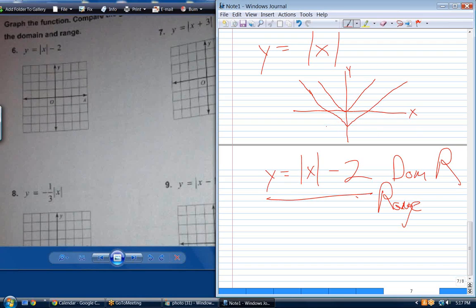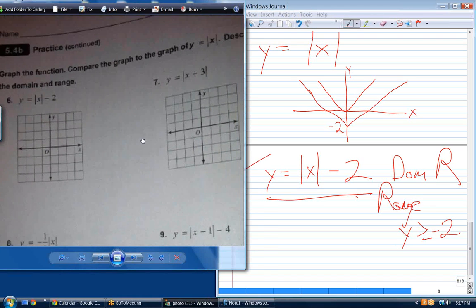Read it. Y is greater than or equal to negative 2. Okay. And how does this function compare in terms of translations with the parent function? How does this function compare with the parent function?